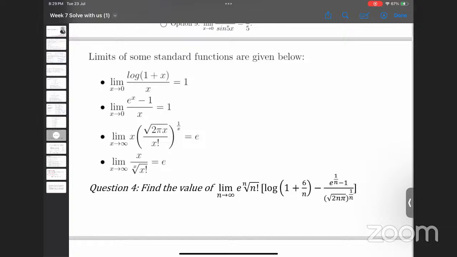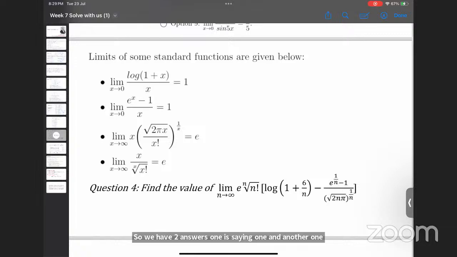Okay, so we have 2 answers. One is saying 1 and another one is 5. So let us solve it.